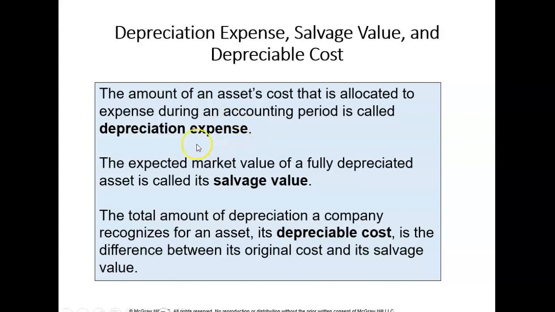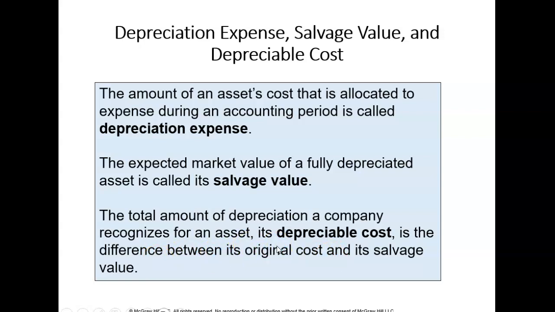So at the end of that 5 year period, we're saying, how much can I sell that limousine for? That's known as the asset's salvage value. It is the expected market value of an asset at the end of its useful life, meaning it is now fully depreciated. Okay? So there's something called depreciable cost for these long-term assets. That is the original cost of the asset minus any salvage value, and it is known as its depreciable cost.